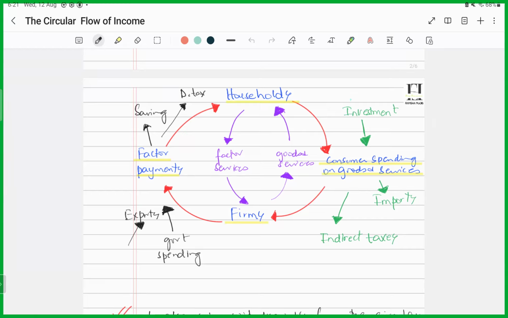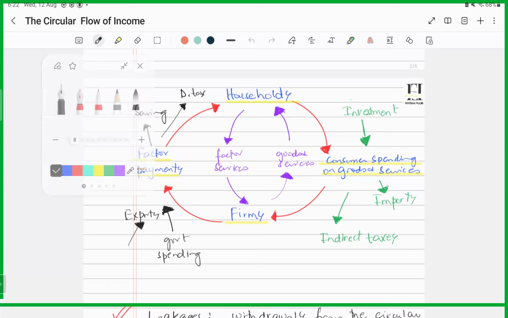So when there would be spending on imports and earnings on exports, there is the government sector as well. The government is also spending. So government would also be generating its revenue. And what does the government generate its revenue from? Taxes, right? So there would be an element of direct taxes, and there would also be an element of indirect taxes. So direct and indirect taxes both would be there.